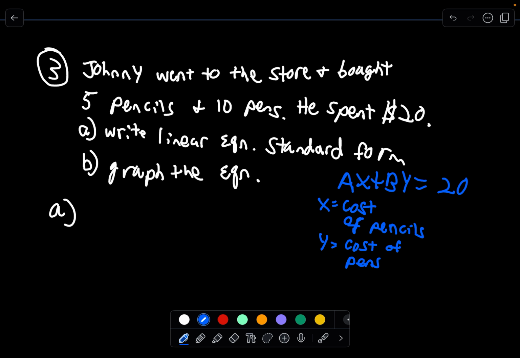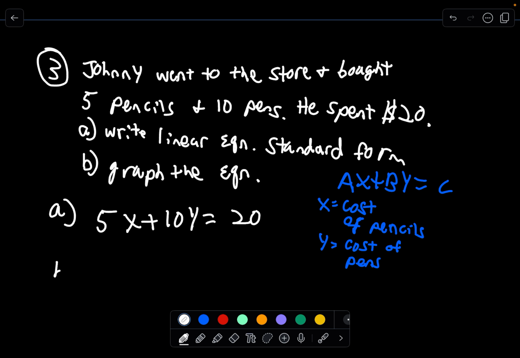Oops, sorry, that should be just C, that's your standard form. All right, so we bought 5 pencils. Oh, that's supposed to be white. I hate it when you think you selected it and it didn't take. So it'll be 5 pencils, 5x, plus 10y equals $20. There's your equation.